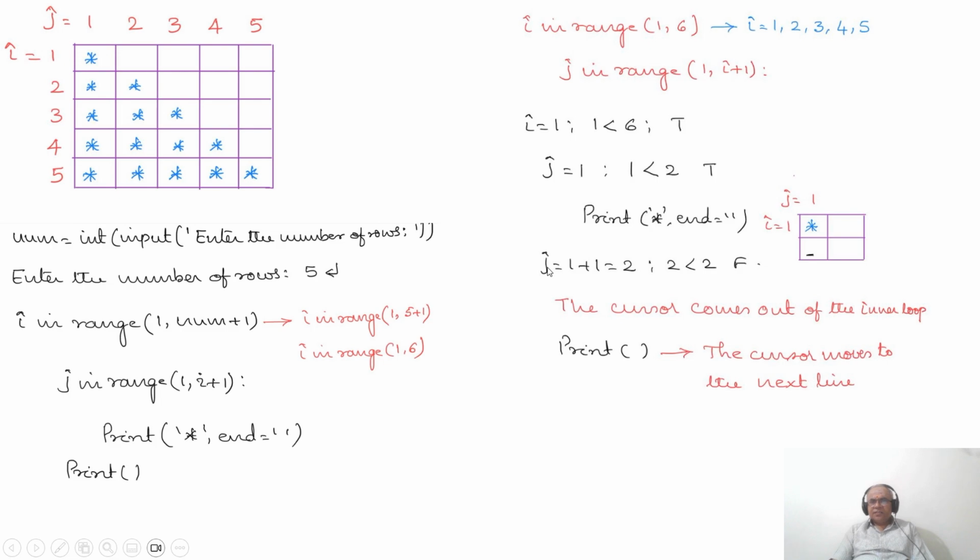Then j is equal to 1 plus 1, it becomes 2. 2 is less than 2, the condition is false. So it comes out of the j loop. Once it comes out of the j loop, you are still in the i loop. Then it will see this print, so the cursor automatically comes to the next line.